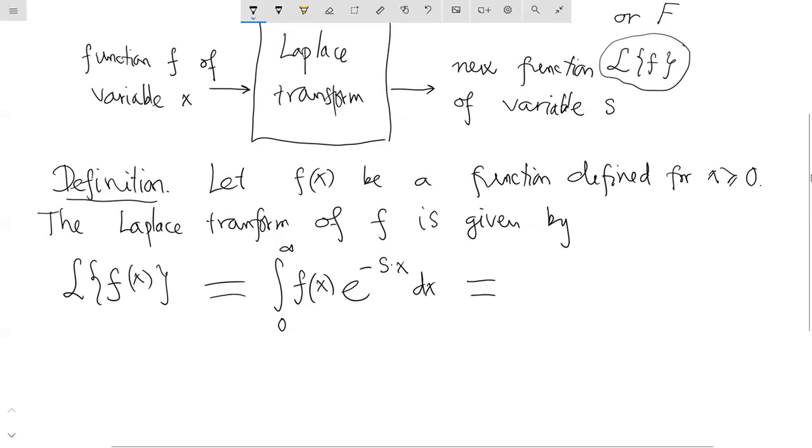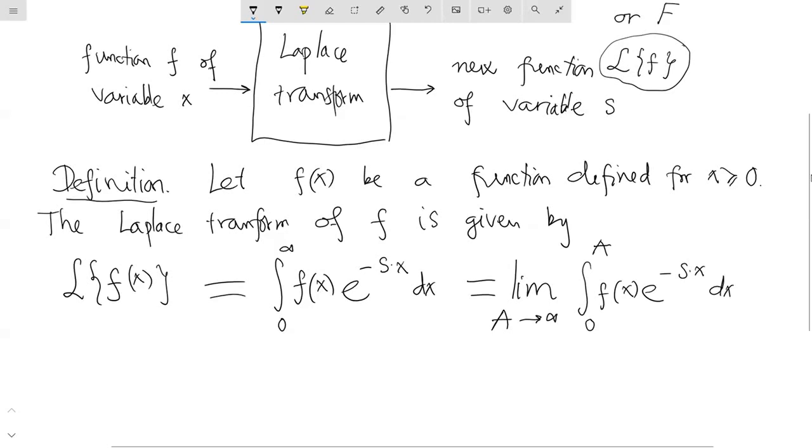As in calculus 2, the improper integral from 0 to infinity actually means the limit of the integral from 0 to capital A of f of x e to the minus s times x dx, and we take the limit when A goes to infinity.